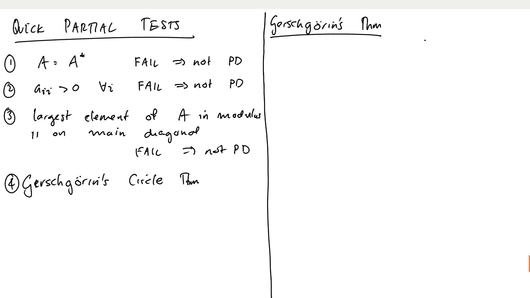Remember, for a positive definite matrix, all the eigenvalues should be positive. So each eigenvalue lambda of B, which is an m by m matrix, satisfies at least one of the following.